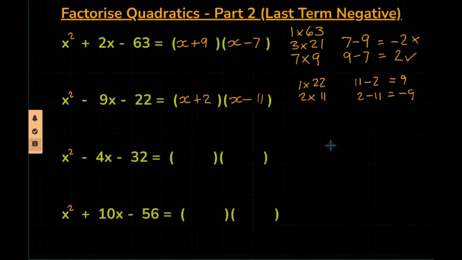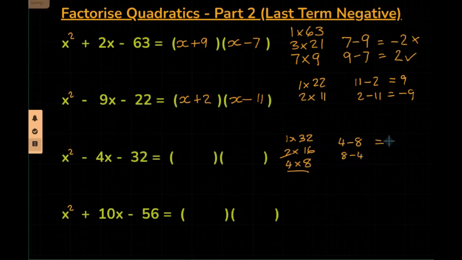Next one. Well, what do I want to factorise? I want to factorise the negative last term, so let's factorise the 32. So we could have 1 times 32, 2 times 16, or 4 times 8. I can't think of anything else. So we need a difference of 4. Well, which has a difference of 4? It's the 4 times the 8. They've got to be one positive, one negative, so I could have 4 minus 8 or 8 minus 4.